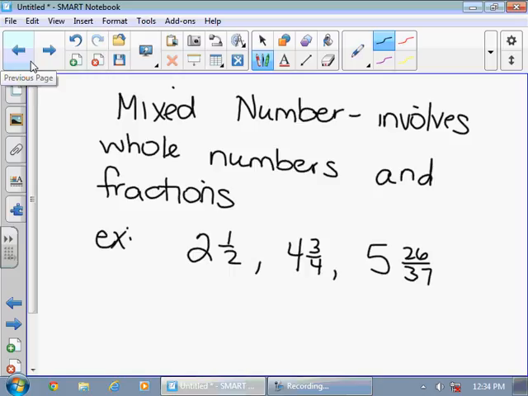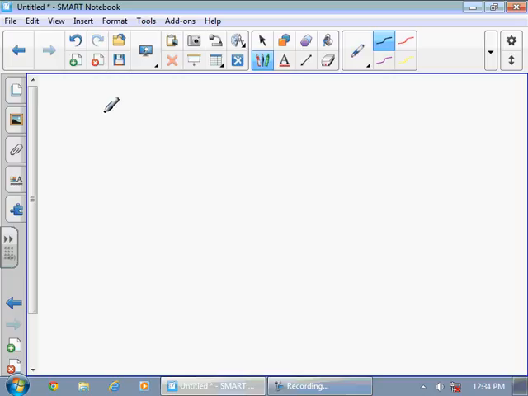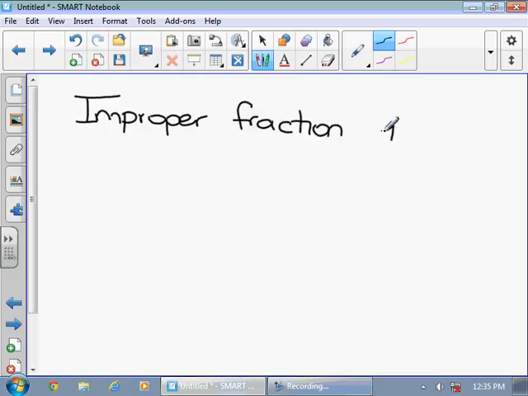Now we're going to talk for just a second on how to change from improper to mixed. So that's what we're going to talk about now, is how to change an improper fraction to a mixed number.